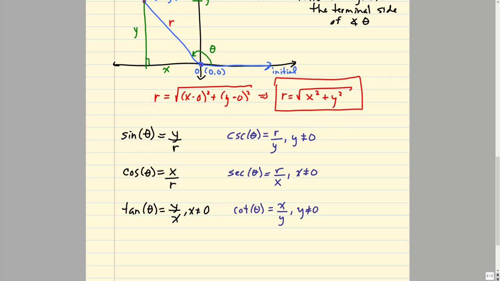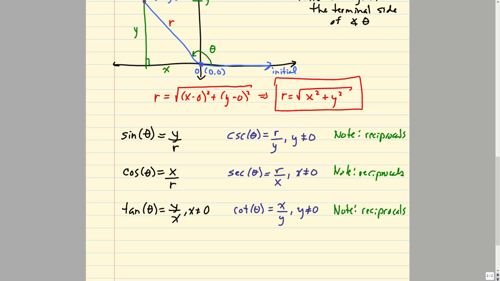Let's make those notes. These are reciprocals, meaning I flip them. Now, when you use your calculator, most calculators only have sine, cosine, and tangent on them.